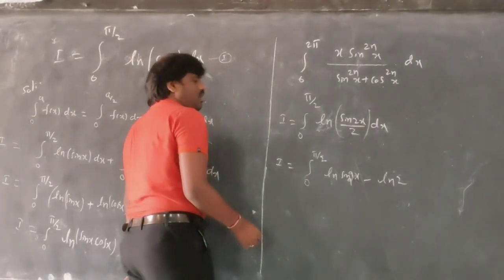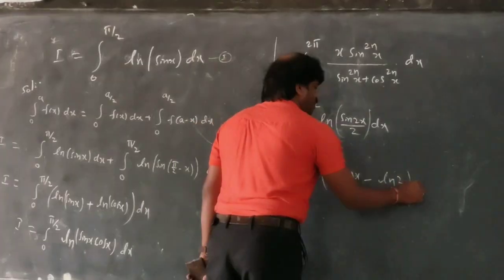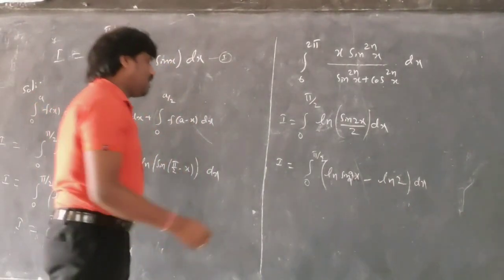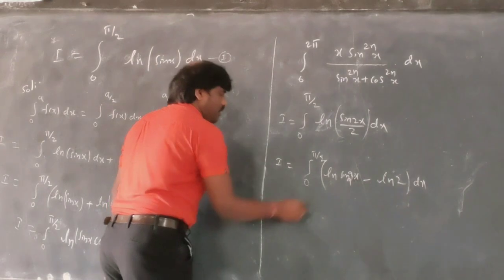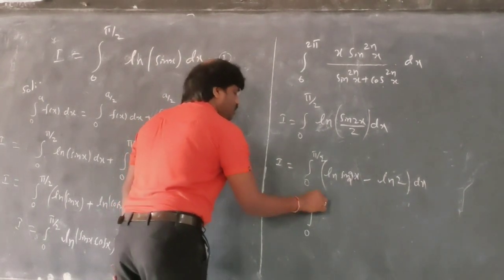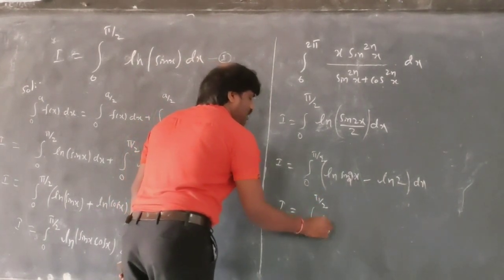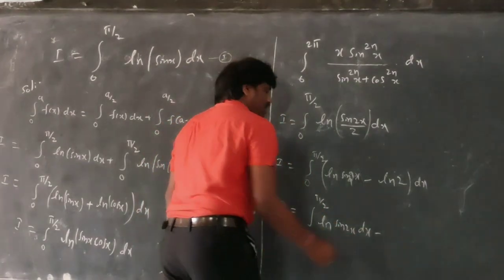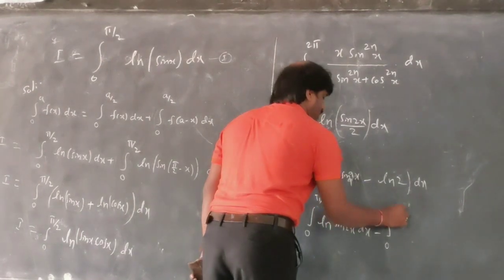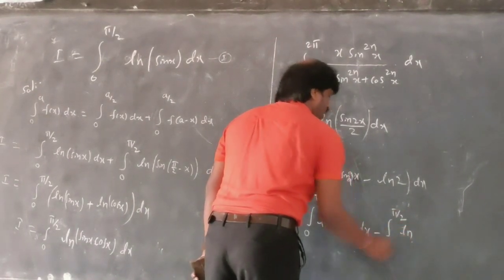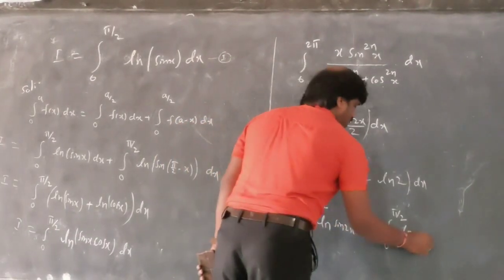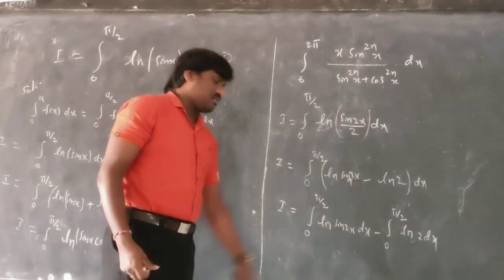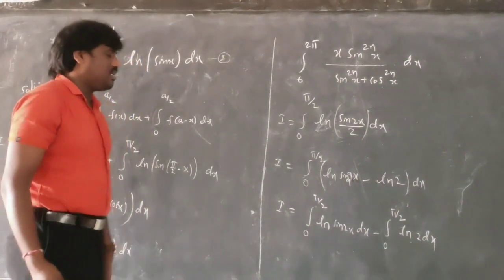Therefore I get integration from 0 to pi by 2 of ln sin 2x dx minus integration from 0 to pi by 2 of ln 2 dx. This can be integrated very easily. I have to integrate this one. How to integrate ln sin 2x?